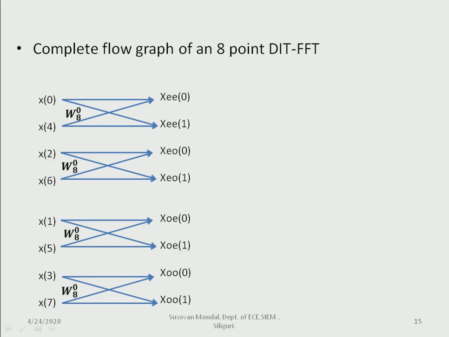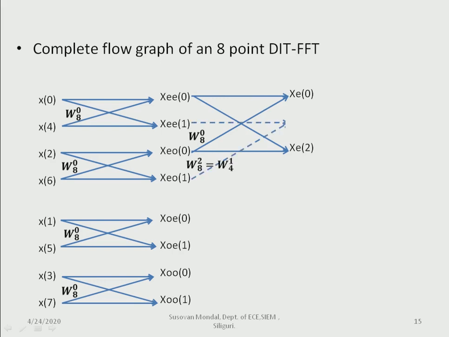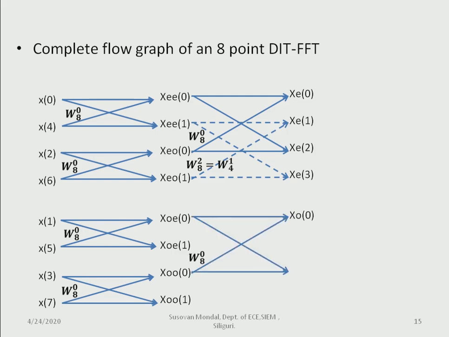In the second stage, the associated twiddle factor is this, and we can perform the basic 2-point butterfly that we discussed in the previous slides. By the same process, we can produce x even of 0, x even of 2. These are all backed by the numerical equations from the previous slides. So this is the second stage formation.